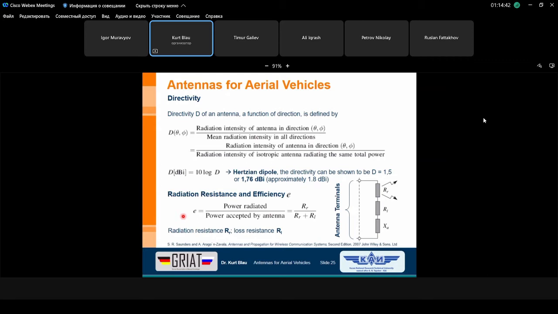It's impossible. So it's clear that we have losses inside the antenna in every case, because, as one of our first topics showed, how an antenna radiates is based on a current flow.